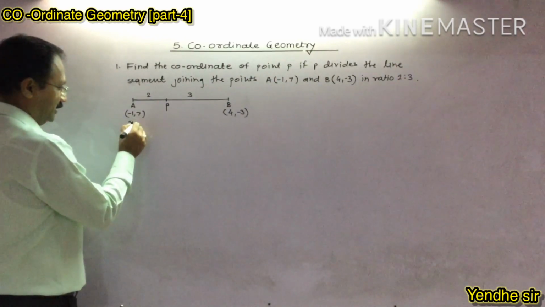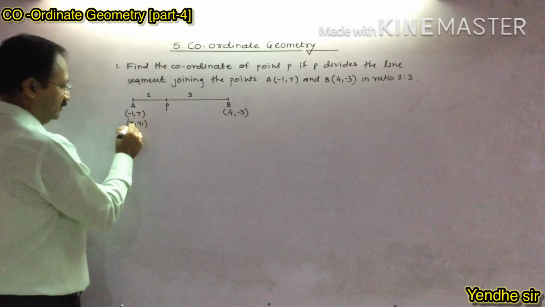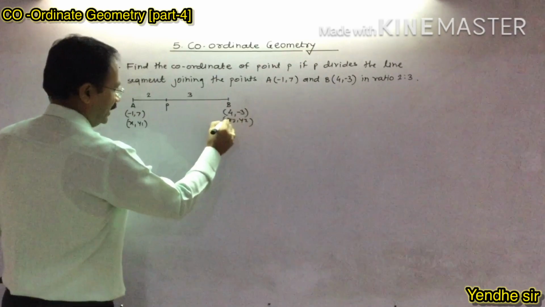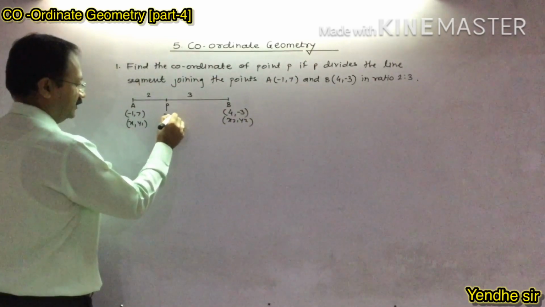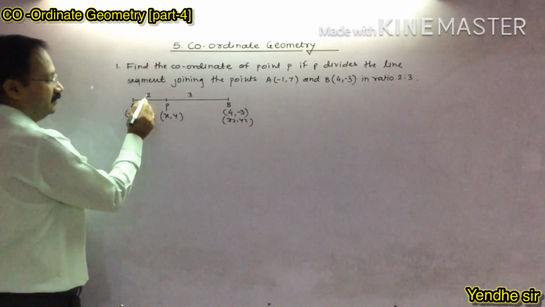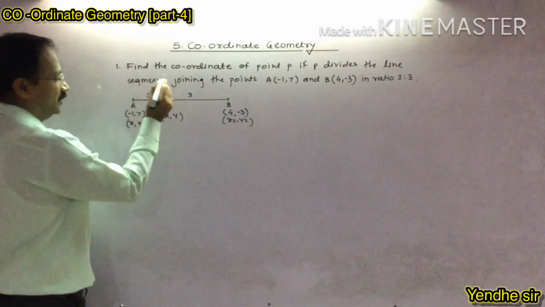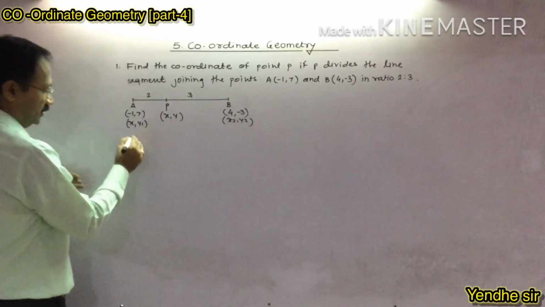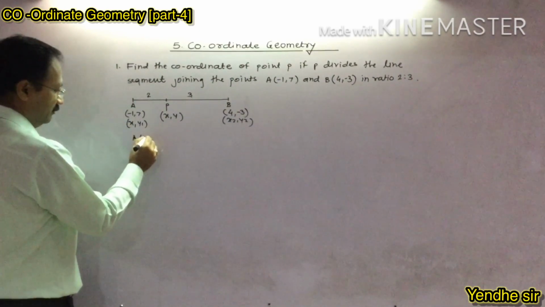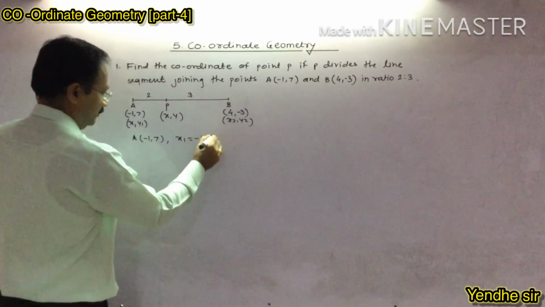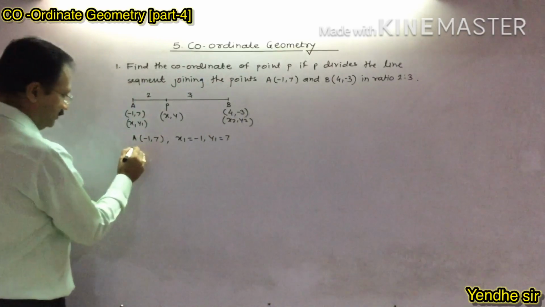So it will be x1 and y1, this is x2 and y2, and its coordinates are x and y. Here the value of m is 2 and n is 3. The ratio is given. So here we are going to write A minus 1, 7: x1 equals minus 1, y1 equals 7.